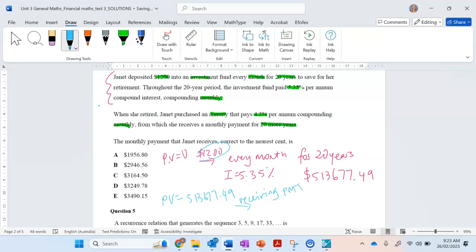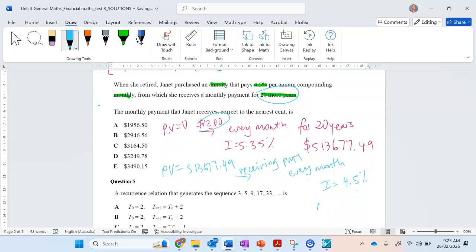Every month. And the interest rate is 4.5%. So obviously she's receiving it for 20 years. So again, N is going to be 20 times 12, and your future value is going to be 0 because we want to exhaust that annuity.